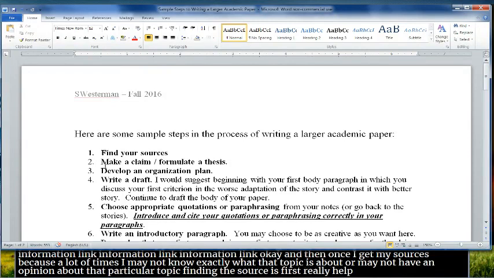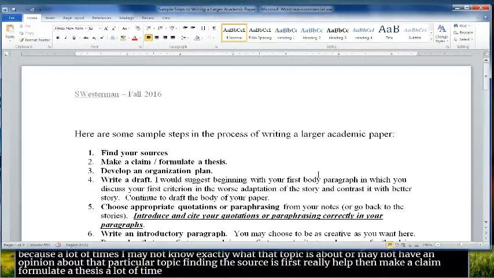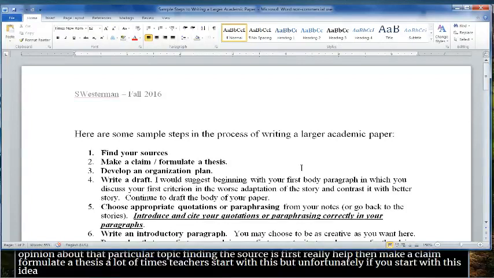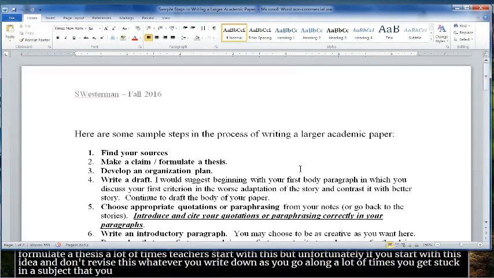Then make a claim, formulate a thesis. A lot of times teachers start with this, but unfortunately, if you start with this idea and don't revise it as you go along, a lot of times you get stuck in a subject that you don't believe in once you've read the sources, or that you absolutely hate once you've read the sources.